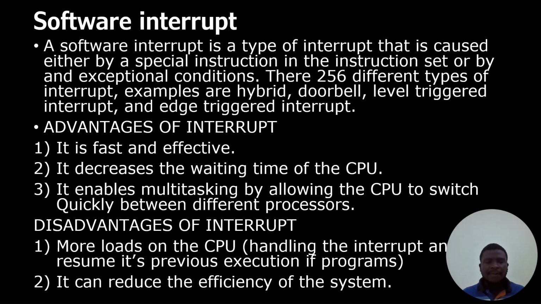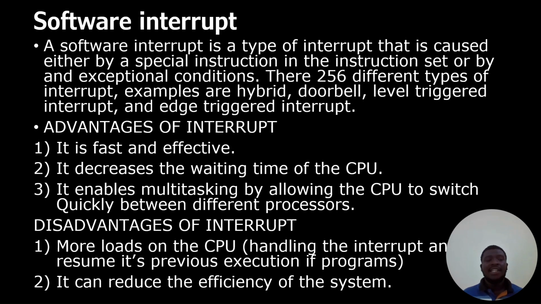To explain the software interrupt further, this is an interrupt where maybe a program built into the computer already needs to be serviced. So with this, it's not from a peripheral device that is attached to the computer.